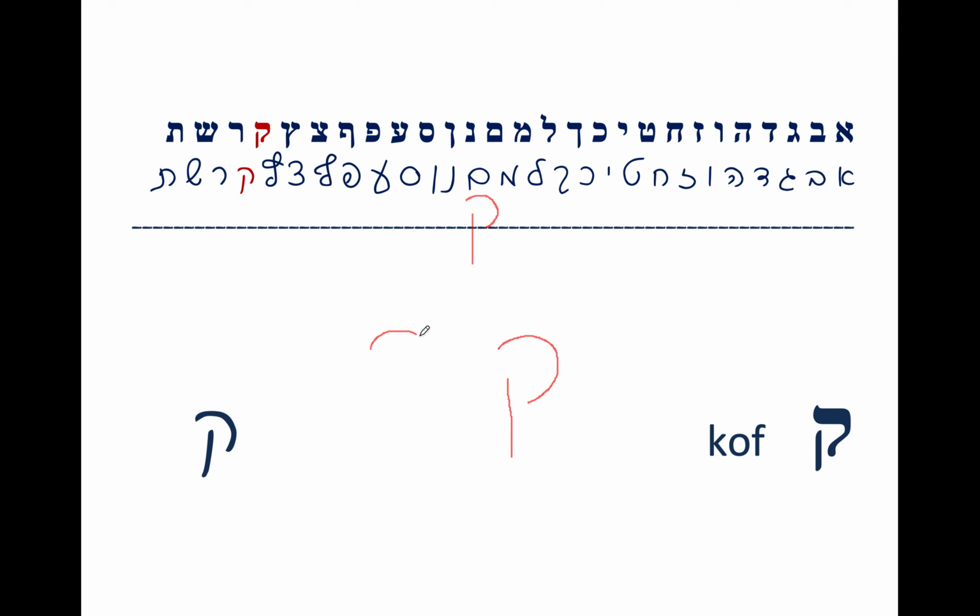Okay, and again, this is the letter kuf. Again, make sure that this line is a part of the letter, because if it's going to be further away, it will look like nun sofit, which is here. So you want to make sure it's really inside the letter. Again, kuf.